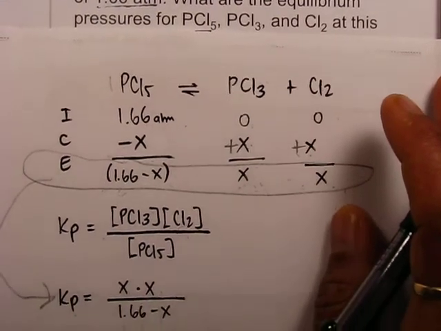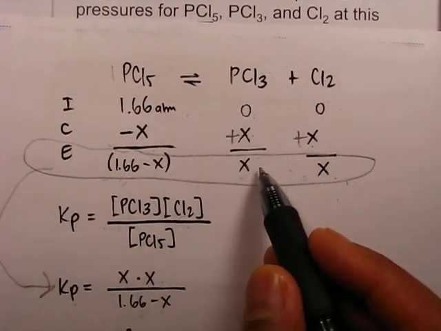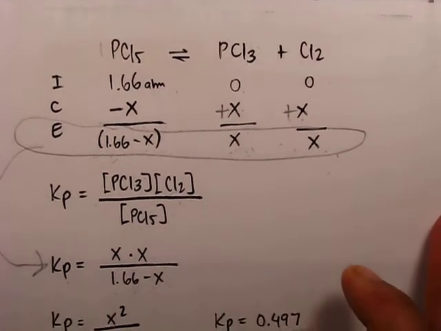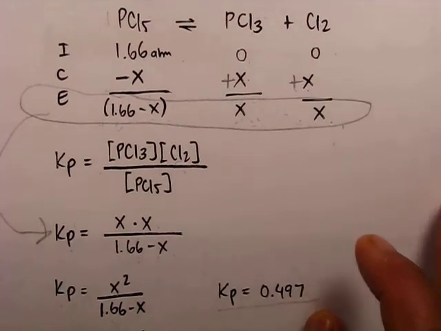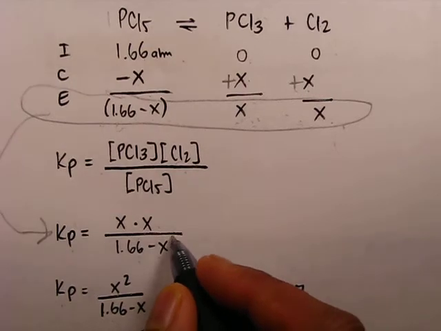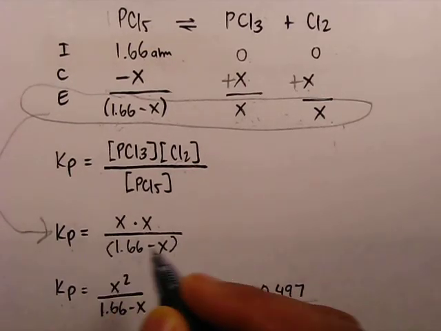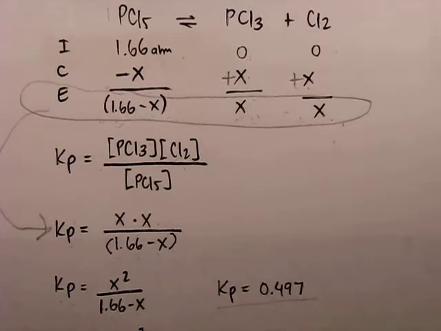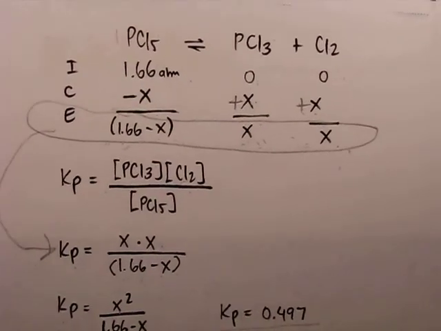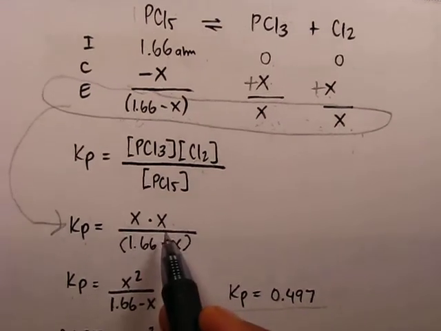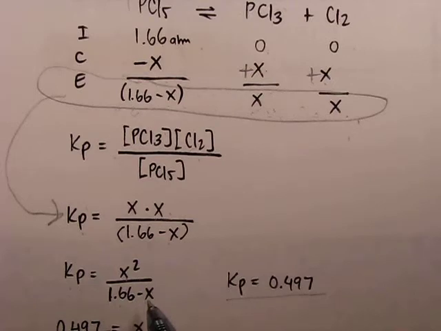Now we include these equilibrium concentrations in the equation, so we can write Kp equals x times x over 1.66 minus x, which is x² over 1.66 minus x.